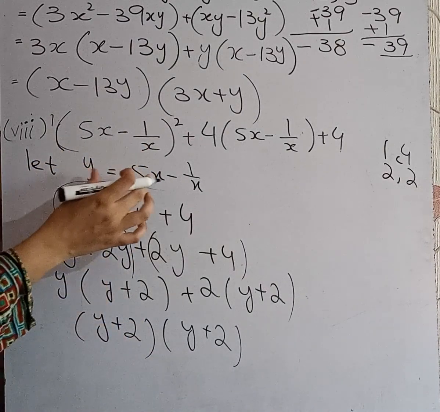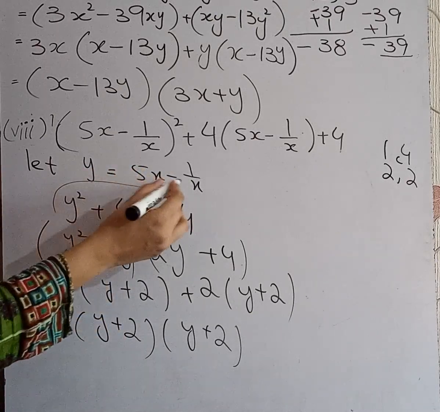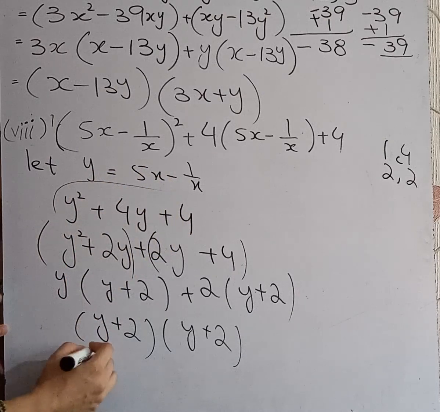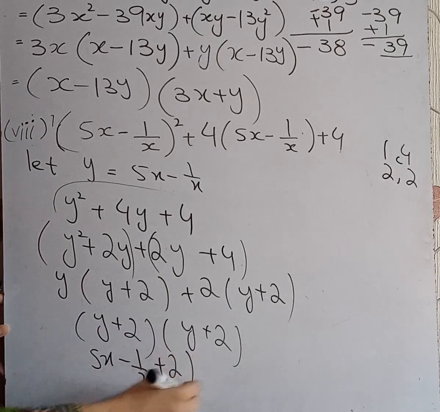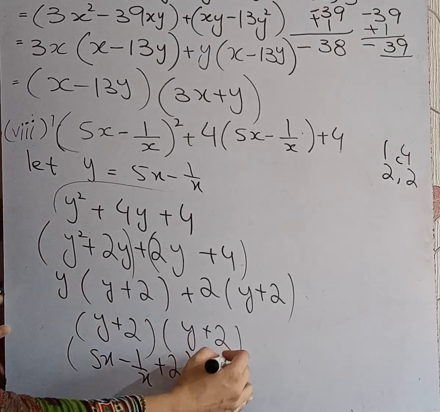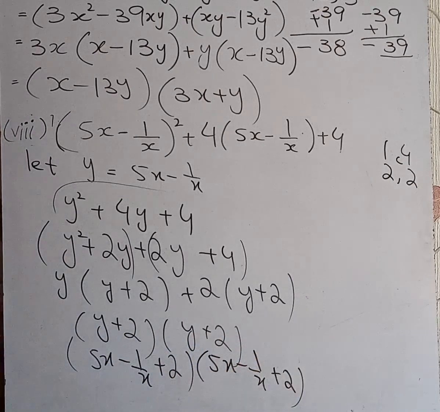So in place of y, we will put again 5x minus 1 over x. Here plus 2 was there, and here 5x minus 1 over x and plus 2 was here. You can see by solving by both these methods, we have the same answer over here. So you can use any of the methods to solve these questions. Thank you.